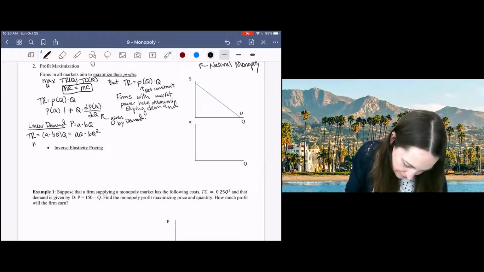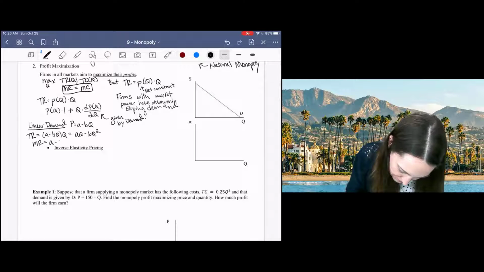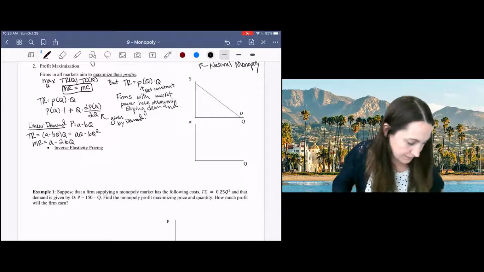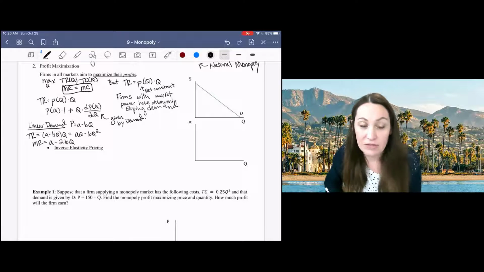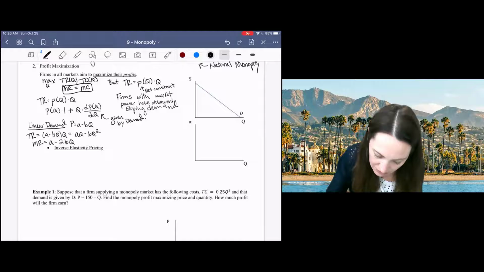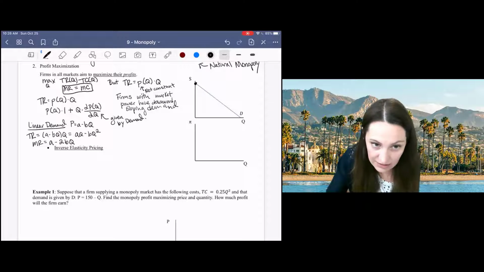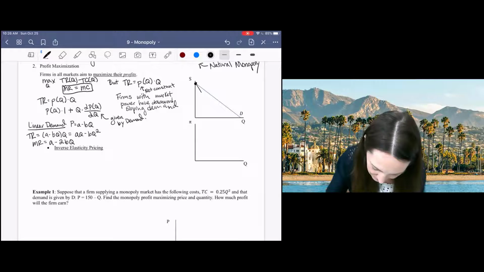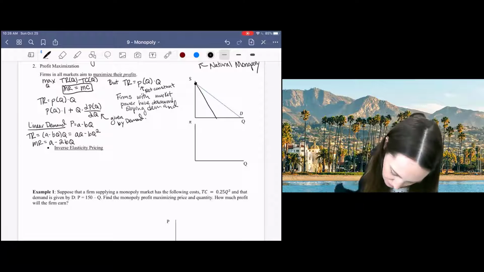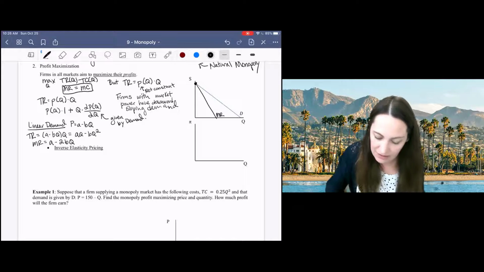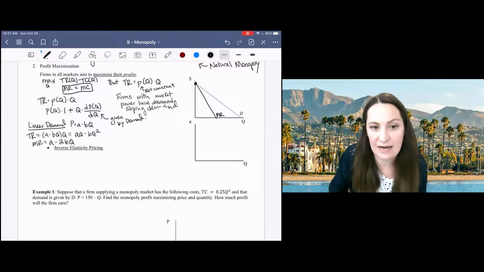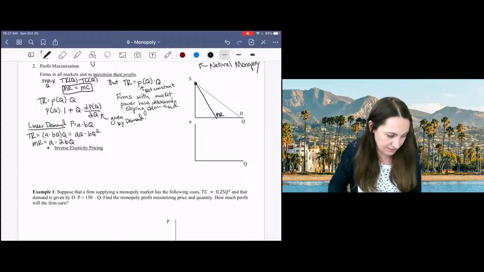And then taking the derivative would get me marginal revenue of A minus 2BQ. So for linear demand, my marginal revenue curve always started at the same intercept as the demand curve and had twice the slope. So it intersected the x-axis at half of demand's intercept.